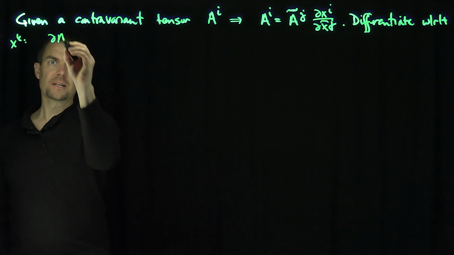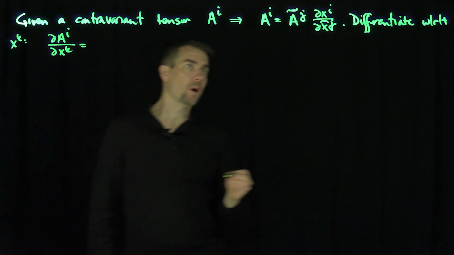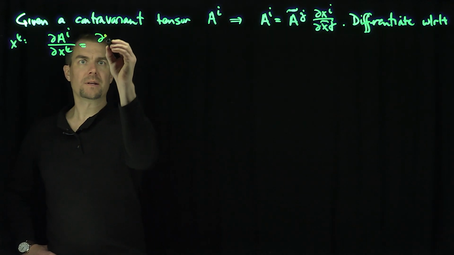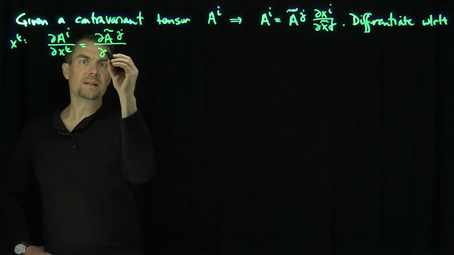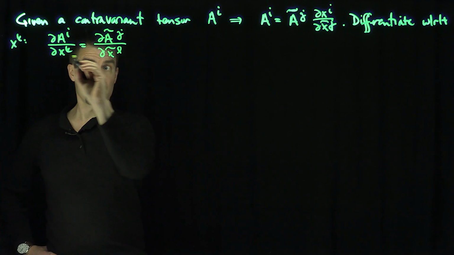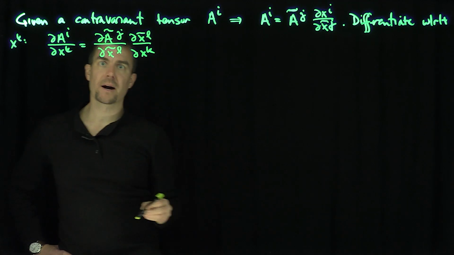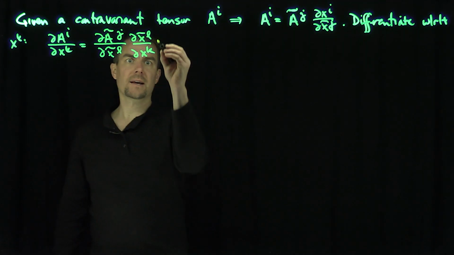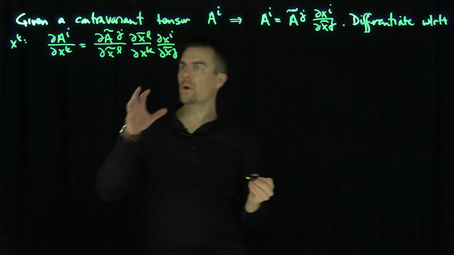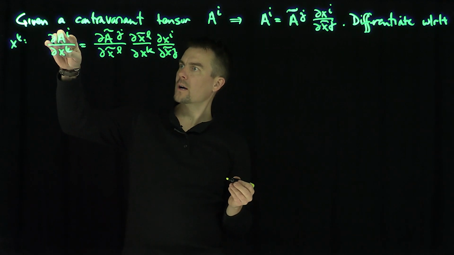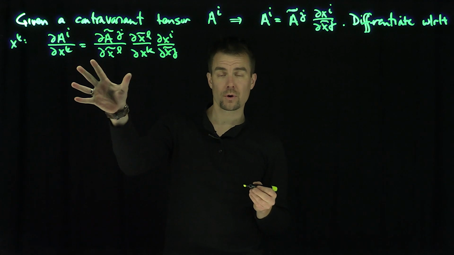So I'll have dA^i/dx^k is going to be dA tilde j over dx tilde l, times dx tilde l over dx^k by the chain rule, times dx^i over dx tilde j. That's what we would expect to happen if we had one contravariant and one covariant component. I'd have this transformation law. So that would be beautiful if this was true with nothing else.